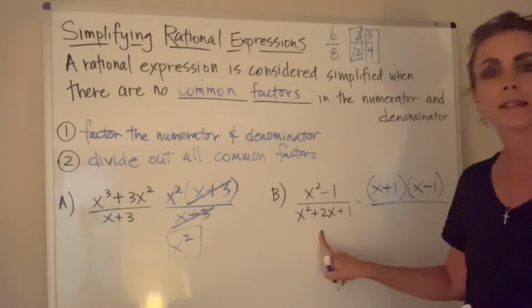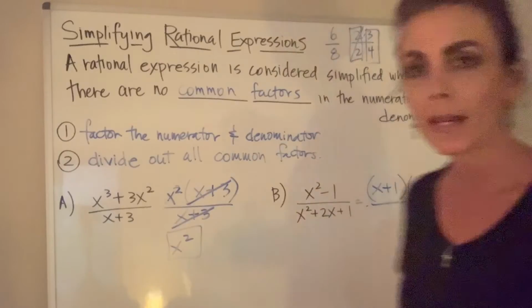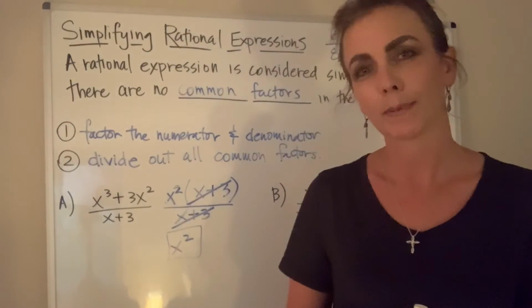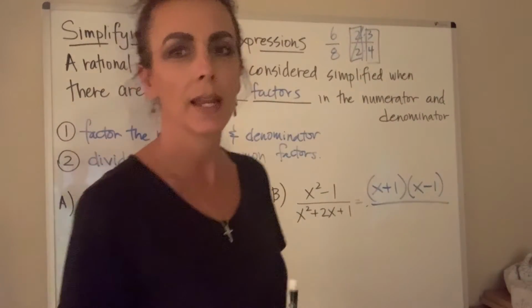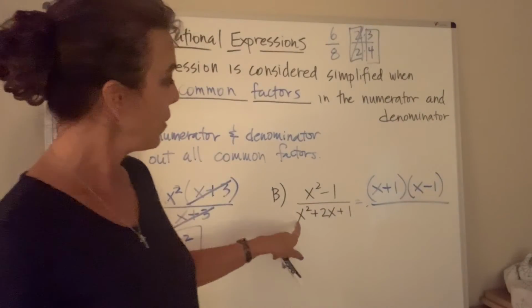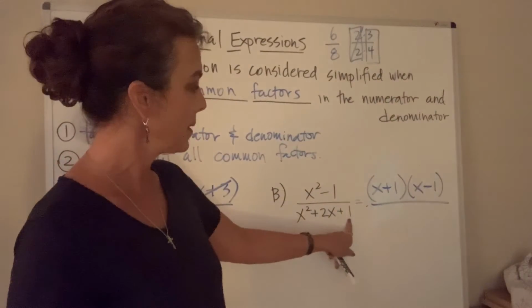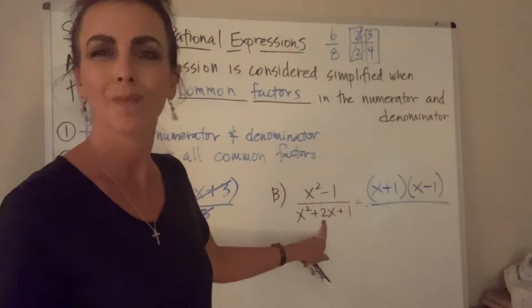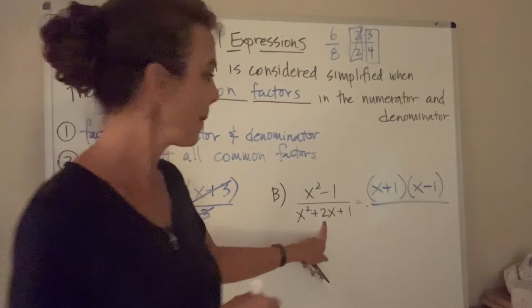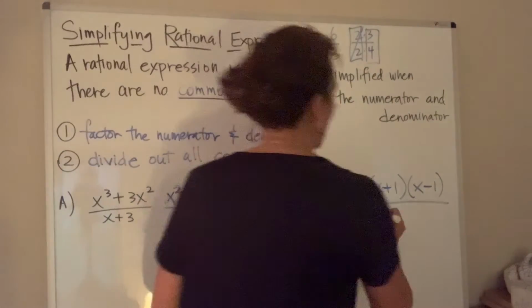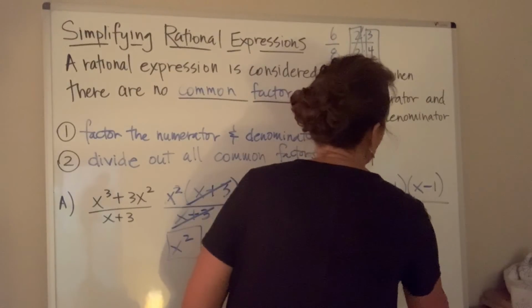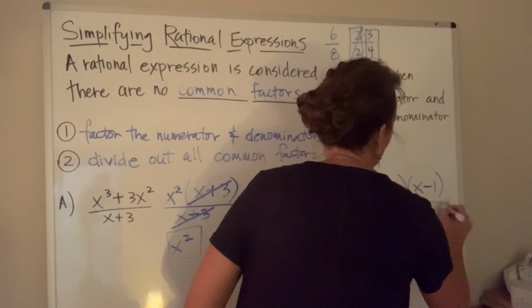And then the denominator here, we've got x squared plus 2x plus 1, and we want to see, how does that factor? Notice that we want something that multiplies to make 1 and adds to make 2. I think that's just 1 and 1, right? So we would end up with x plus 1 times x plus 1.